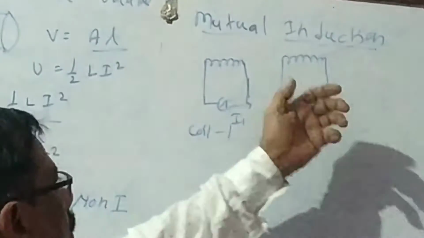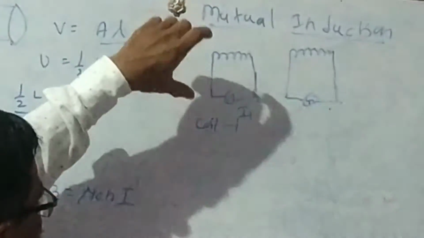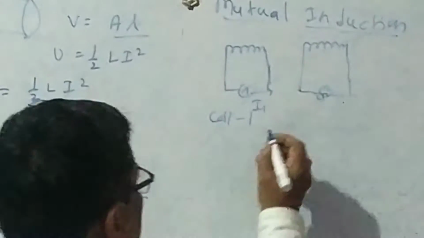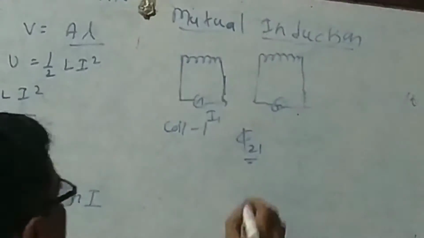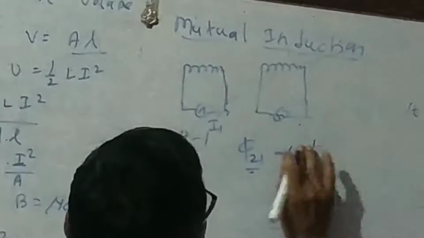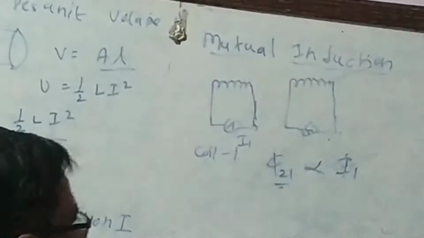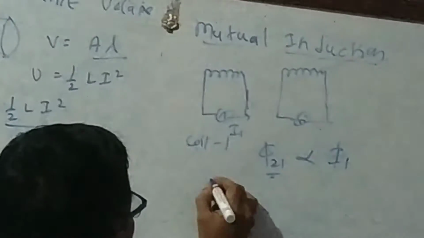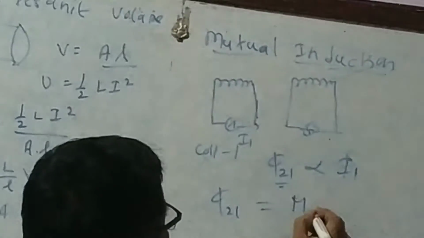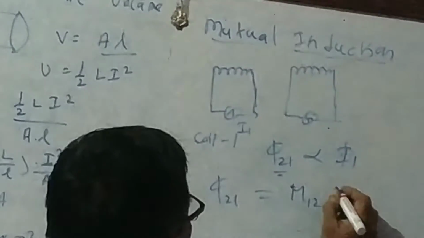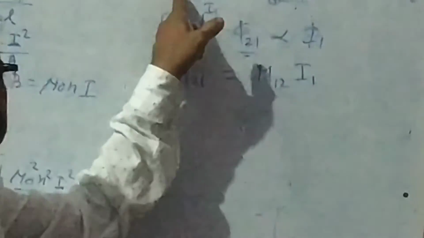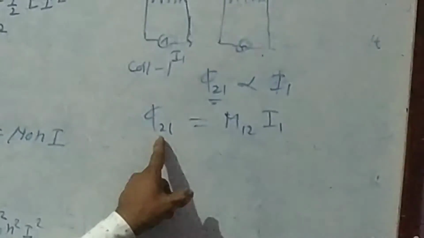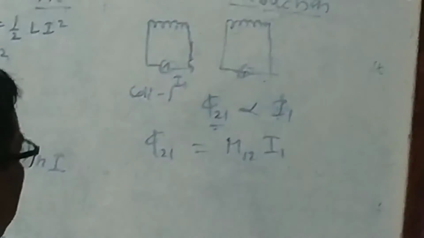The magnetic flux phi12 produced in coil 2 is directly proportional to I1, so phi12 is some constant M12 into I1, where M12 is the coefficient of mutual inductance.